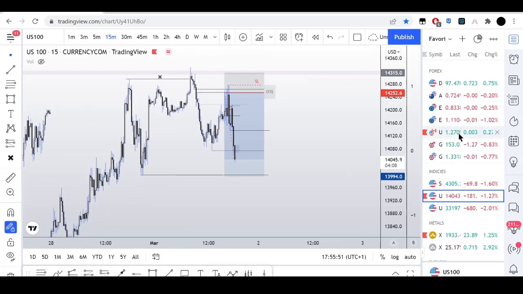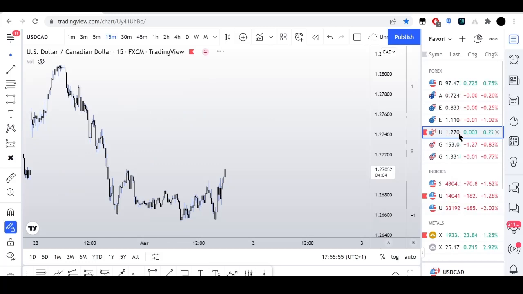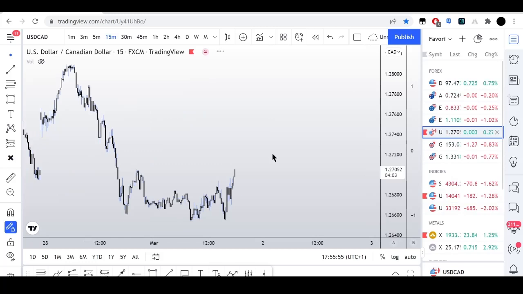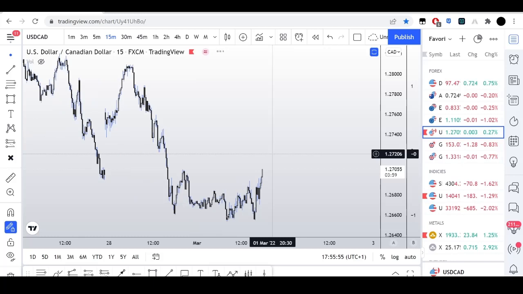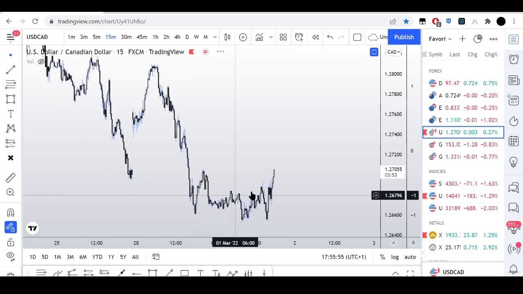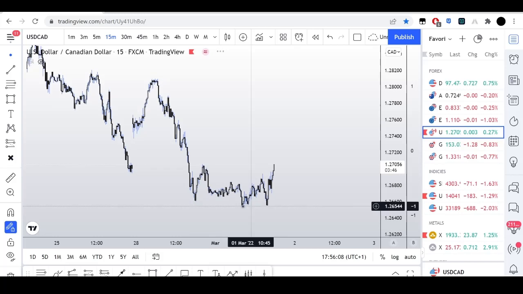Let's see what USD CAD did. So looking at USD CAD, the area that I did want to buy at, it went up. It's very weird, this price action, you know what I mean? If this would have happened yesterday and it was around my time right here, I would have been in here.